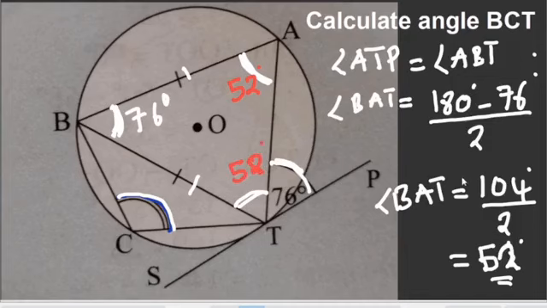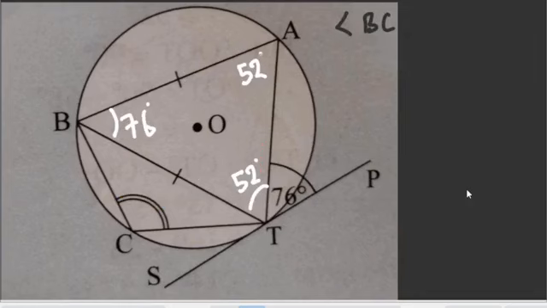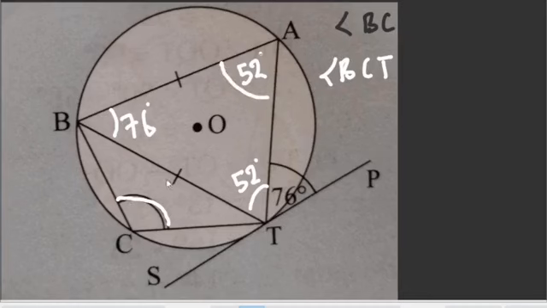So this now makes it easier to find the angle on C right here. To find the angle BCT, the angle on C, we have an angle right here on A. So we'll consider opposite angles in a cyclic quadrilateral add up to 180.